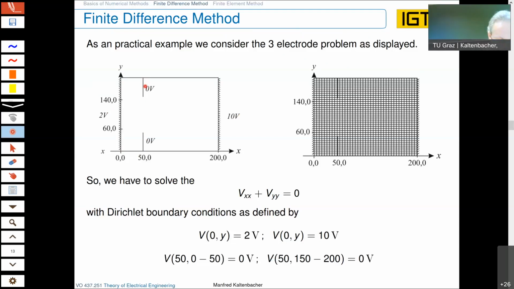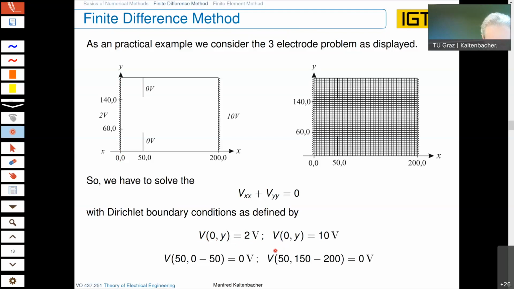You see, we have no charge density. We have some prescribed values of the potential. So this is our simple Laplace equation for the electric potential V. We have this boundary condition: V at x equals 0, exactly along this line, is 2 volt.